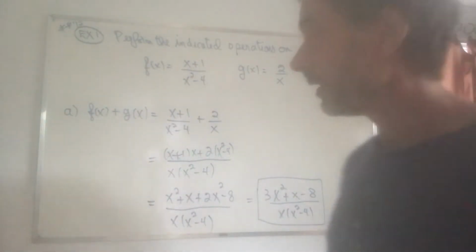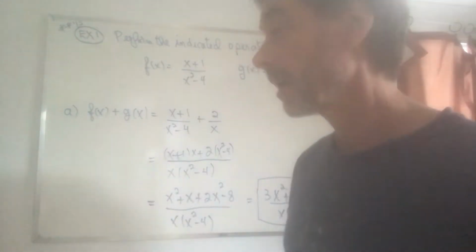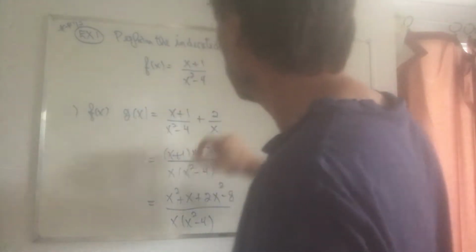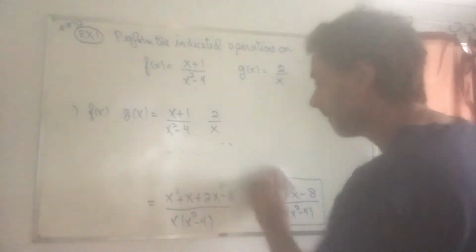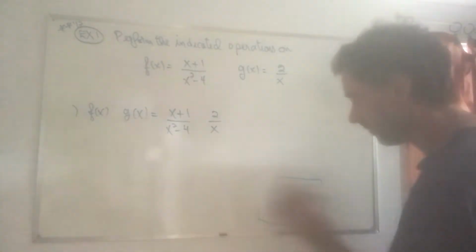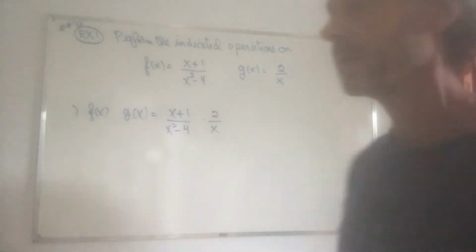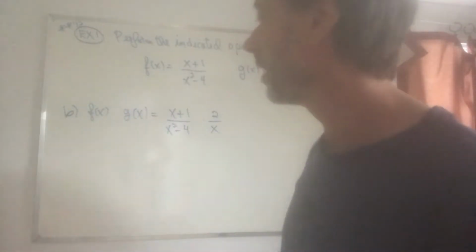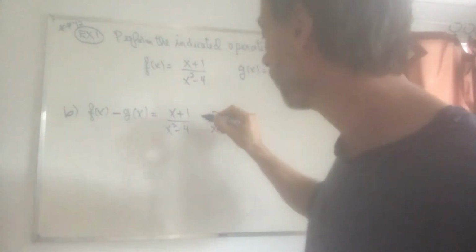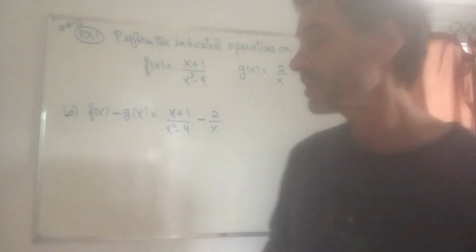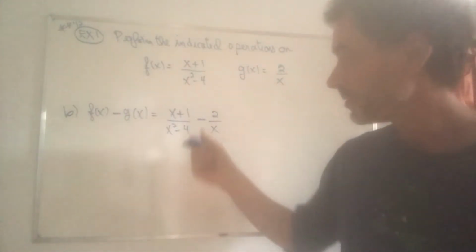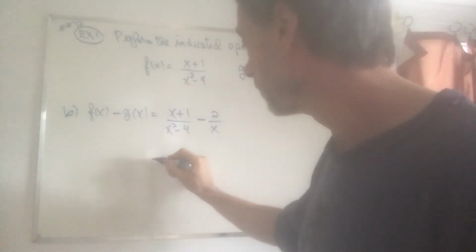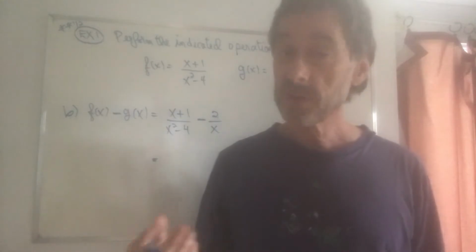Now let's see if we can actually do subtraction. So subtraction, I would like to do f minus g this time around. f minus g is my b problem. f minus g, so the same functions. The only thing that changes is a minus in the middle. All right, so the strategy is a little bit repetitive.